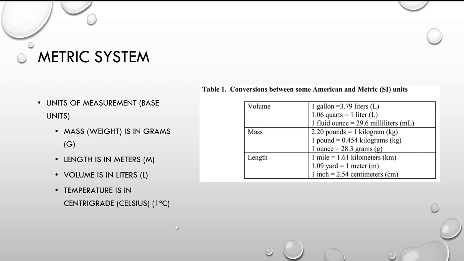So you can see the different conversions, and you can compare that to what you know with the American scale. When you go to the gas station and you're filling up your car in gallons, well, if you fill your car with gas over in Europe, it's being filled in liters instead. 3.79 liters is a gallon. A little bit different.